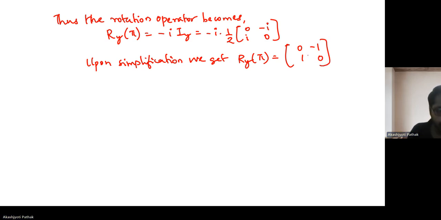So what is this? What does this matrix define? This is the matrix that describes a 180-degree rotation, that is, when a π pulse is applied around the y-axis for a spin system having I equal to half.